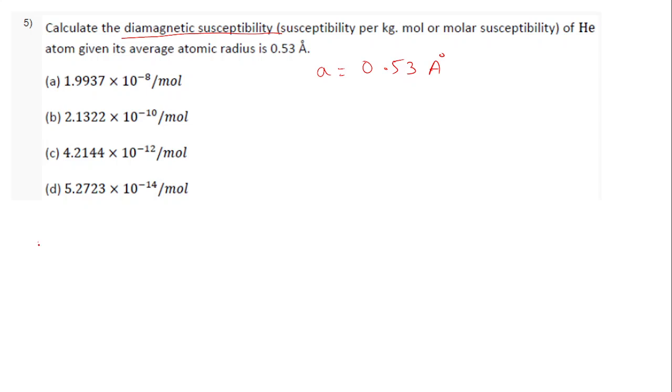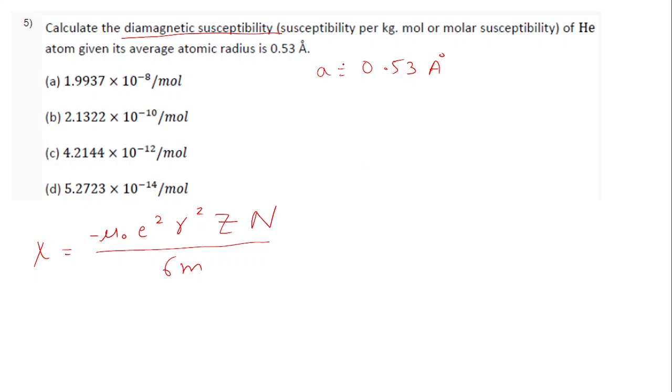The formula is minus mu naught e square, the average atomic radius R square, atomic number Z, and N is the number of atoms per unit volume, divided by 6m. The m is the mass of electron. This is the formula.